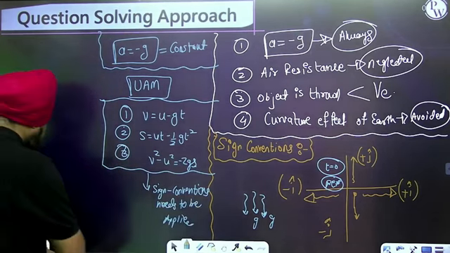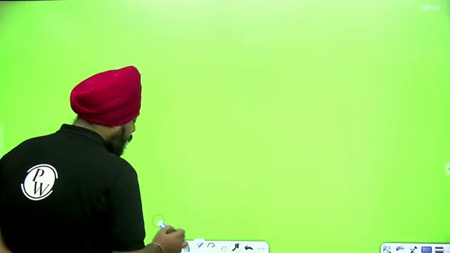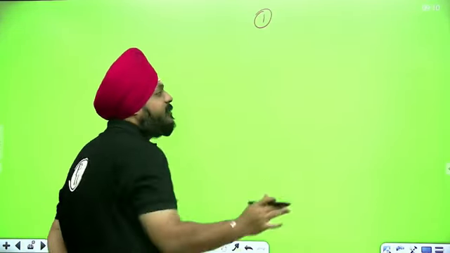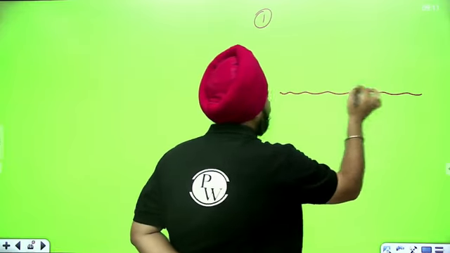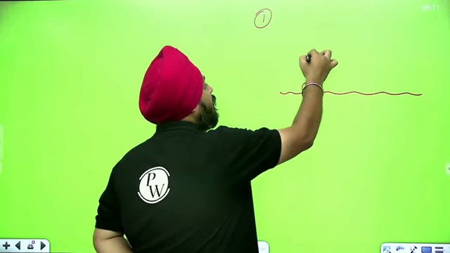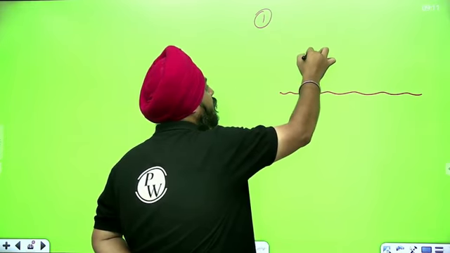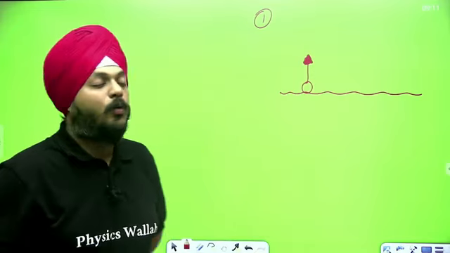Now, first of all, let's see how sign conventions are applied, and then we are going to see the sums. First, how to apply the sign conventions in multiple cases and how to write down the equation. Suppose an object is thrown in the upward direction from the ground.